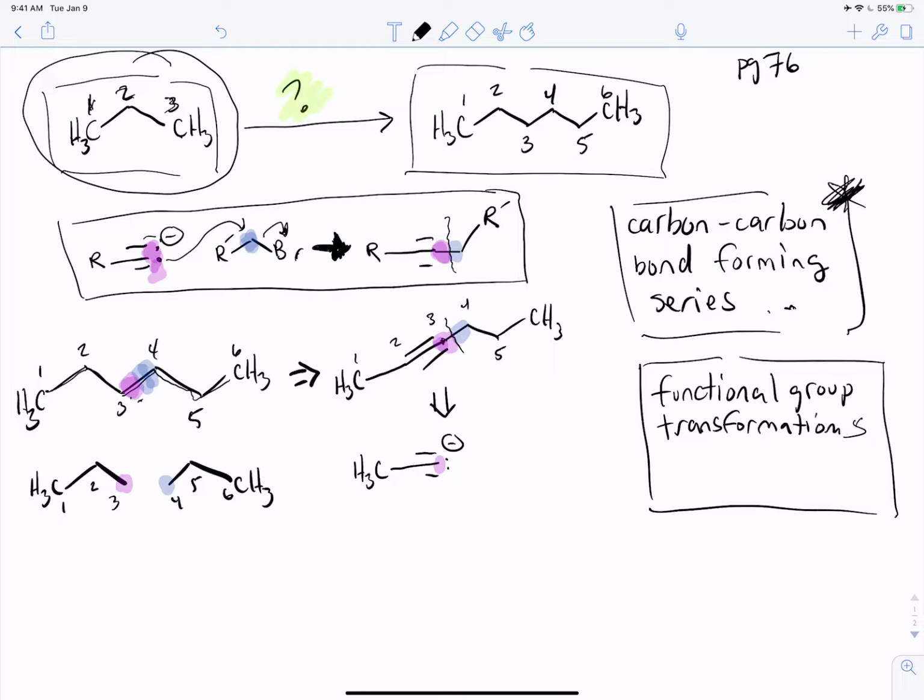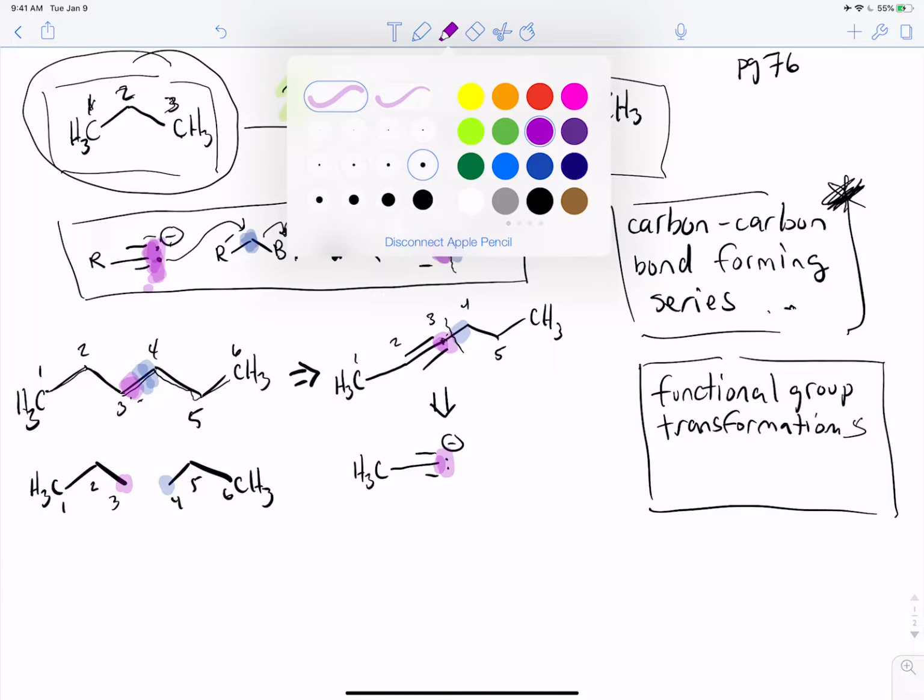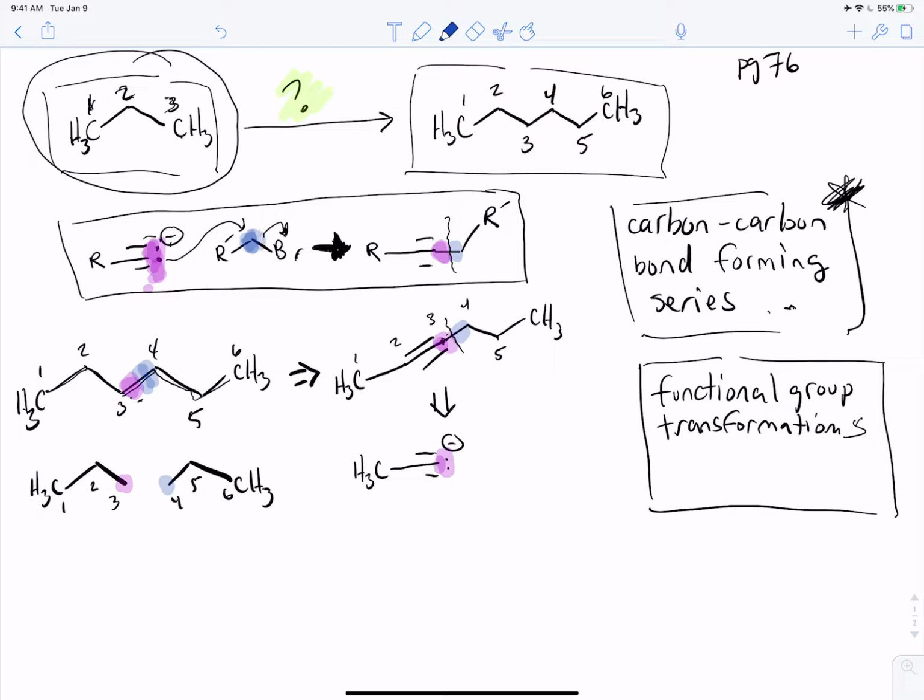So when I break that bond, I know that half of it, the magenta portion over here, becomes an anion. And we've drawn that out properly there. But what happens to the other half? That must become this halide. So carbon 4 now we're going to have to put a halide on.